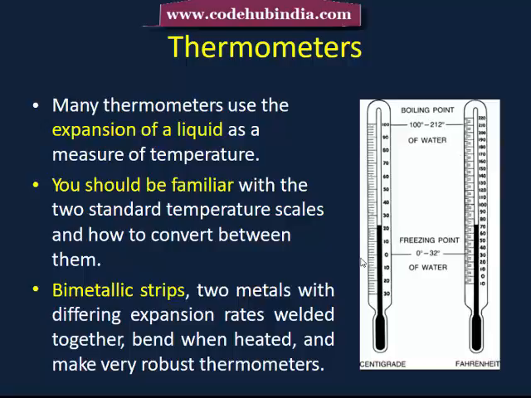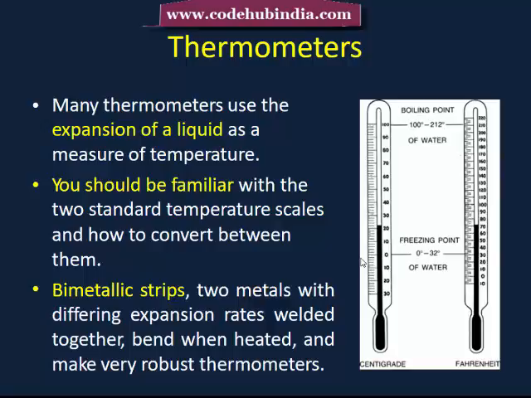So we have to know how to convert between them, how to exchange the data between the Celsius scale, that is centigrade, and the Fahrenheit scale, that is written as F.